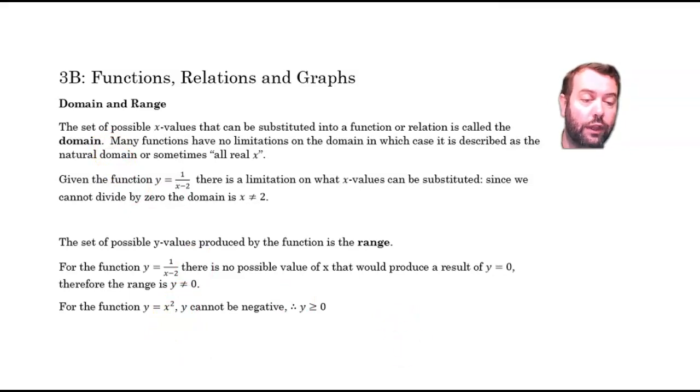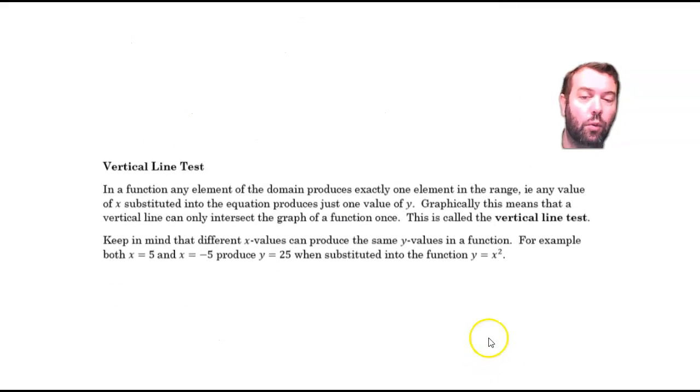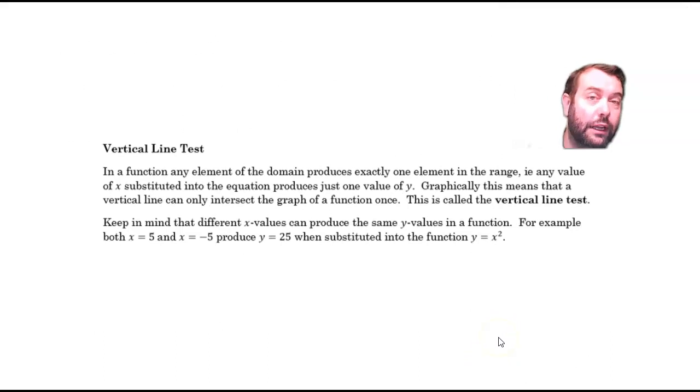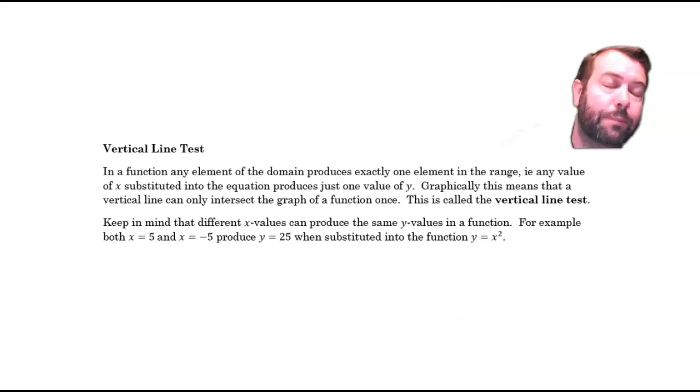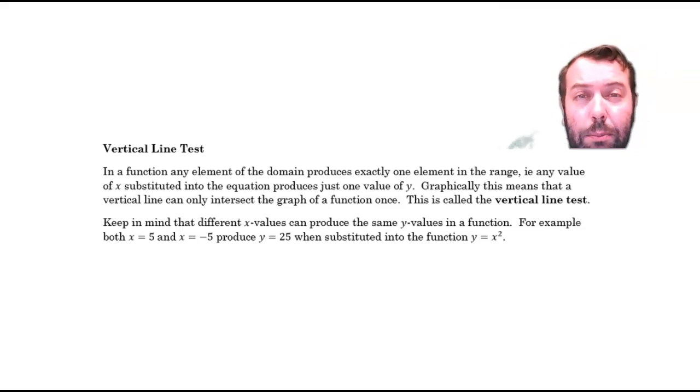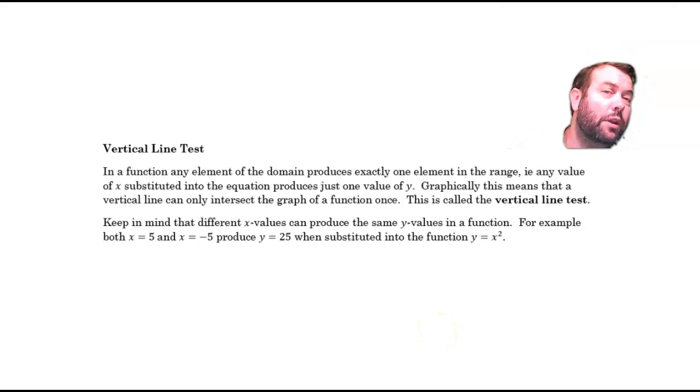There is one more little thing here that we want to talk about, and that's determining whether we have a function. We can do this with a vertical line. If I've got the graph of a function and I draw a vertical line anywhere, should that vertical line cut the graph in more than one place? Then that would imply that one x value substituted in produces more than one y value.